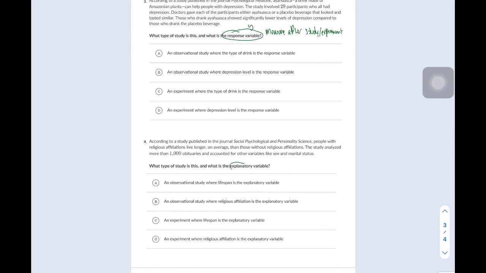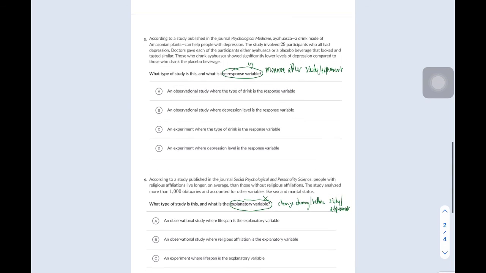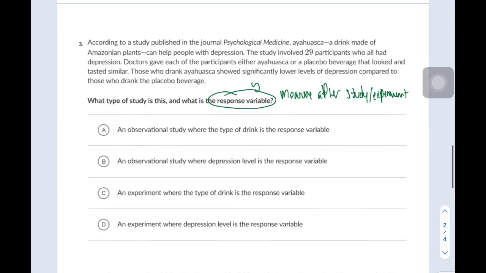And the explanatory variable is your independent variable, your x. This is what you change during or before the study or experiment. Okay, so hopefully that helps you with these.